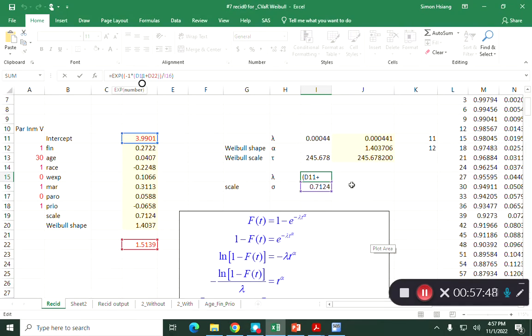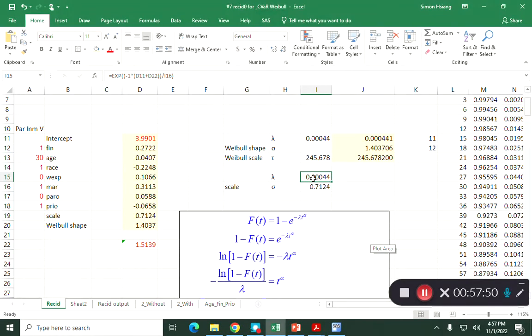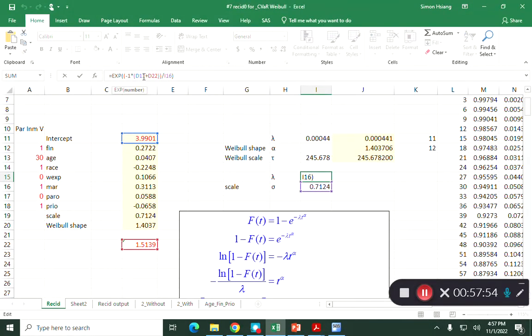Okay, I get that value by saying the following. Hey, I need your baseline value, intercept, plus all the variables' involved value, and both those things combined together. This part, D11 plus D12 equals what?